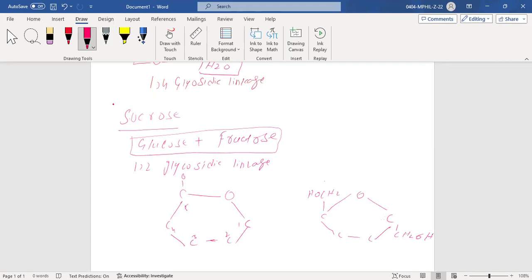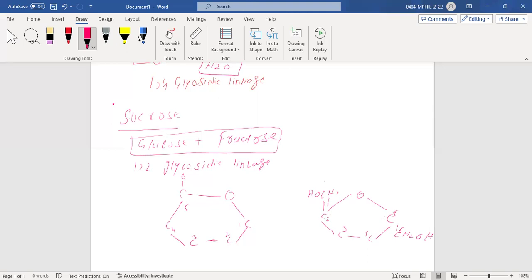Carbon 6, because I will change the numbering on that side. I will show you how I can change that. In case of fructose, this is carbon number 1, this is carbon number 2, this is 3, this is 4, this is 5, and this one is 6.